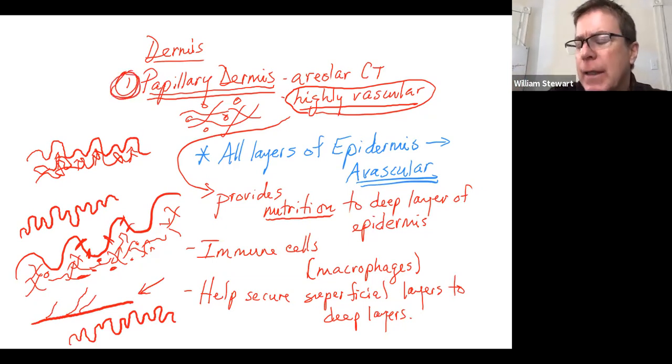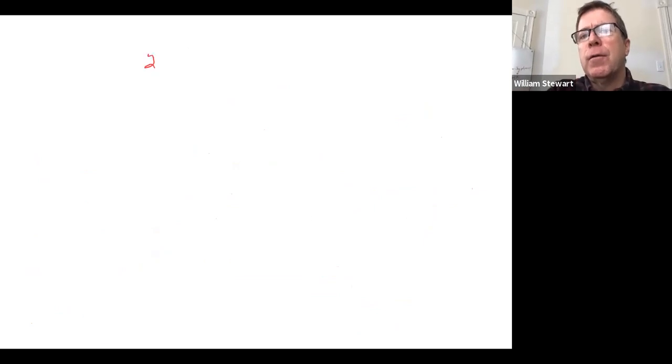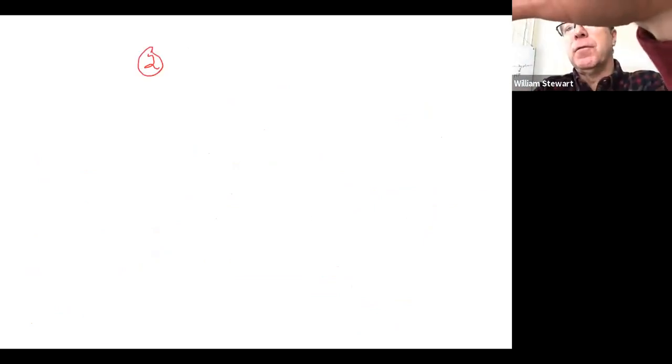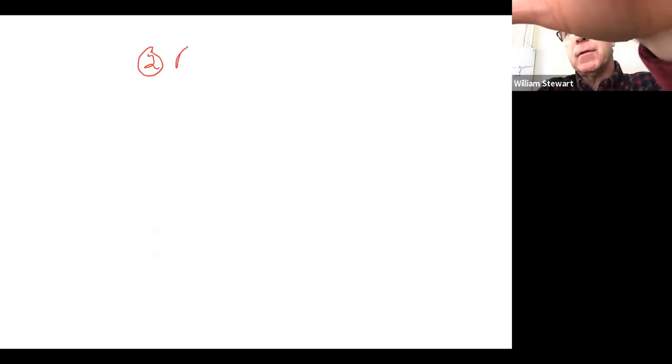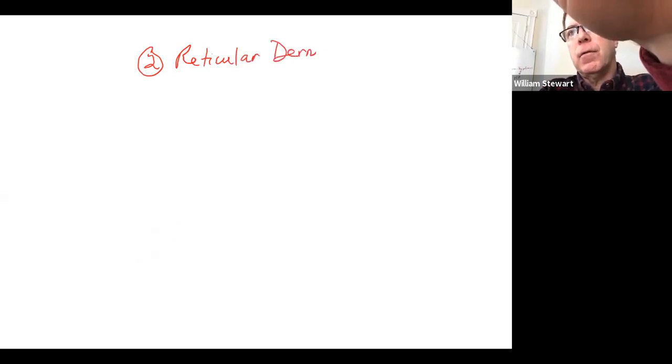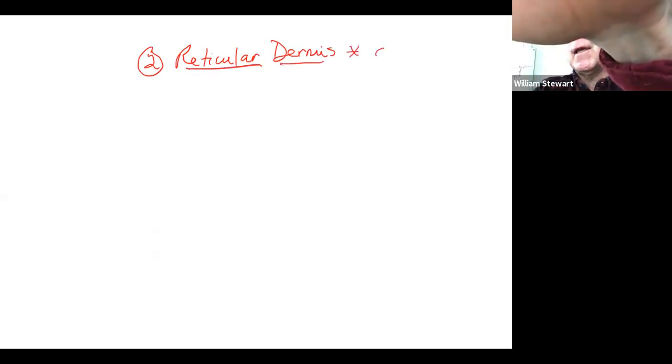Now I'm going to do the second layer of the dermis, layer 2, which is called reticular dermis. Reticular dermis, first and foremost, is the deepest layer of the skin.